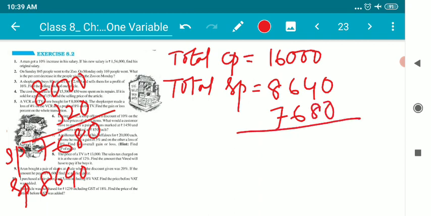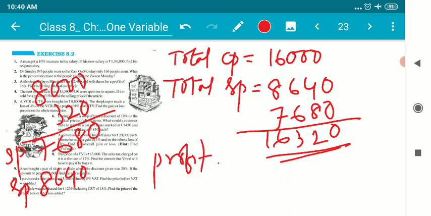Let us add them. 16,320 is the total selling price. So it is clearly understandable that he made an overall profit.